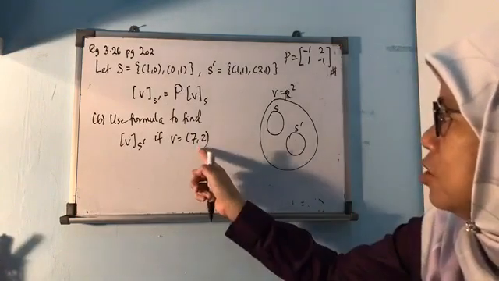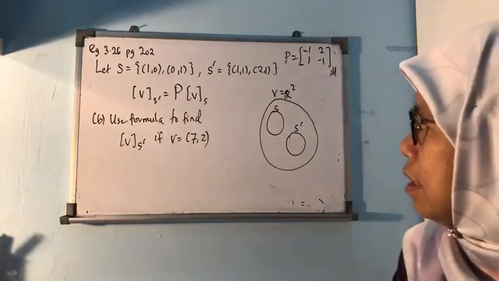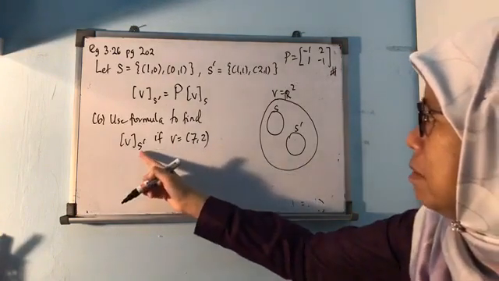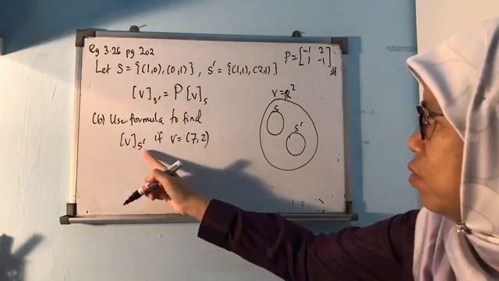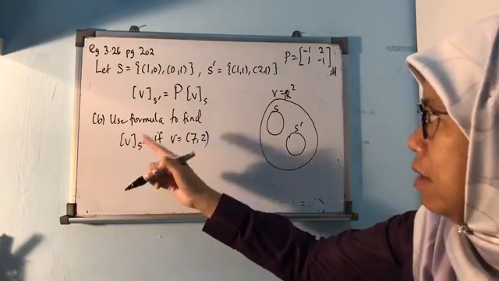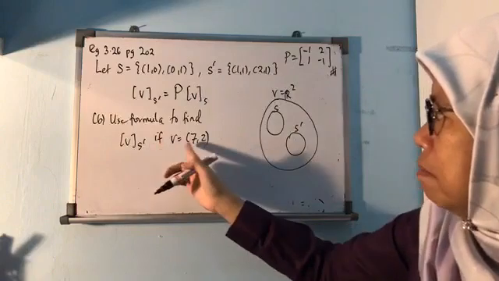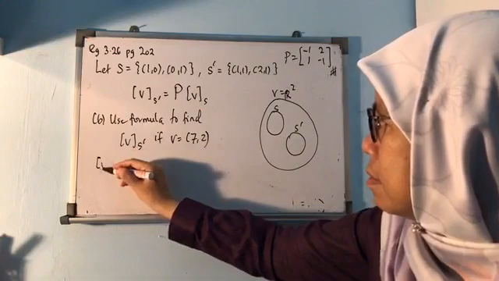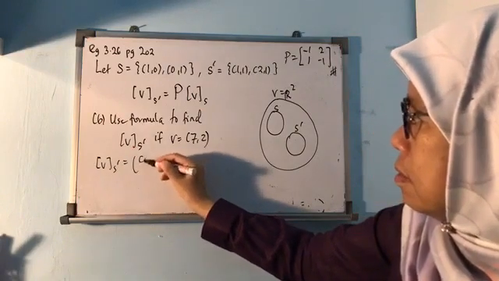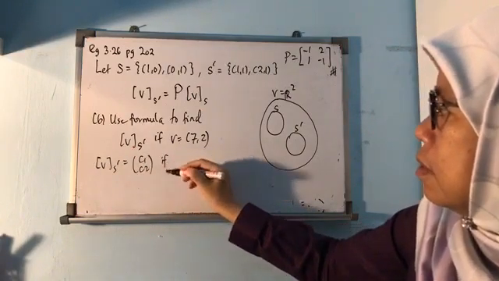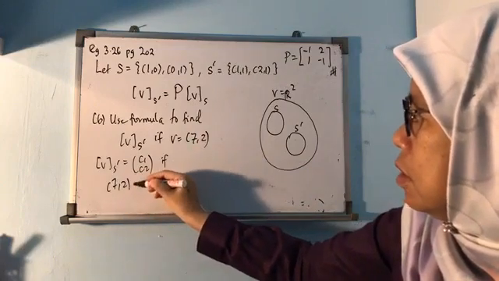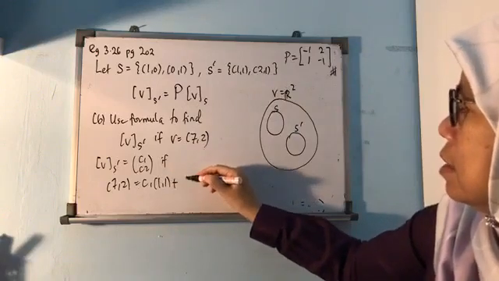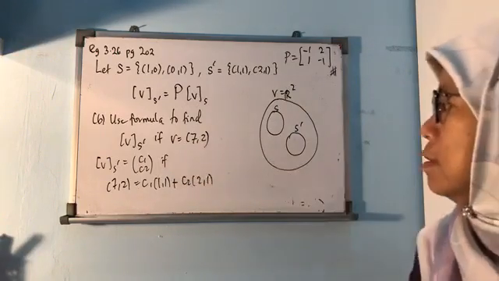You can find this two ways. One is to recalculate what it means by the coordinate vector of V relative to S prime. By definition, I'm not using the formula first. By definition, this means 7, 2 is C1 times 1, 1 plus C2 times 2, 1.